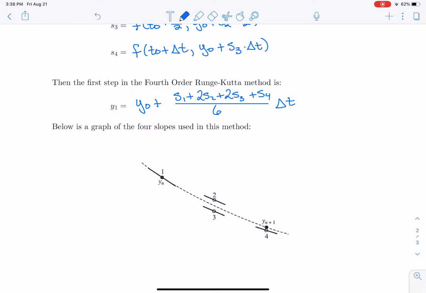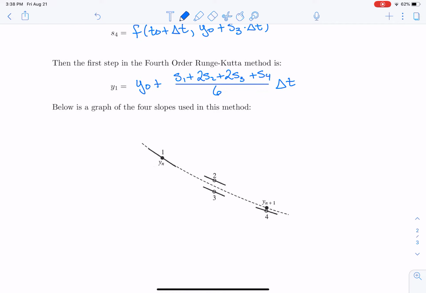Now, this is called a fourth order Runge-Kutta method because the error is actually proportional to delta t to the 4th power. What that means is that if we decrease delta t by a factor of 2, so if we divide that by 2, then our error will get divided by a factor of 2 to the 4th, or 16.